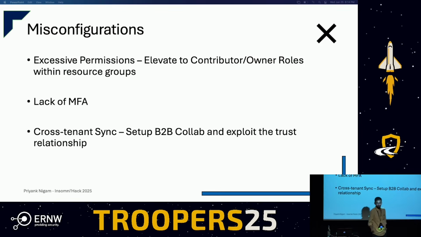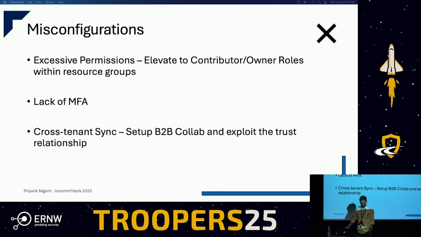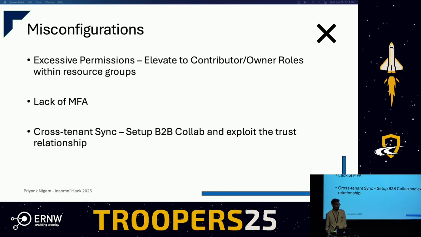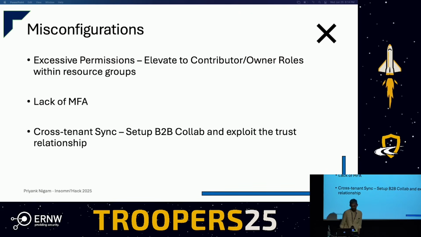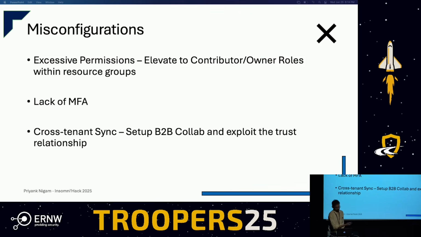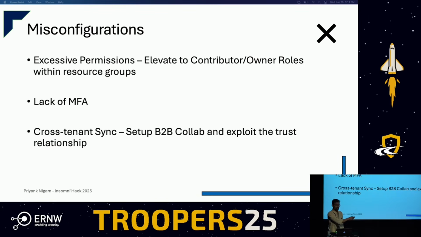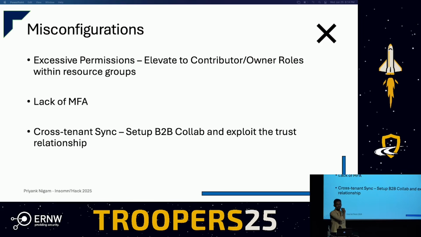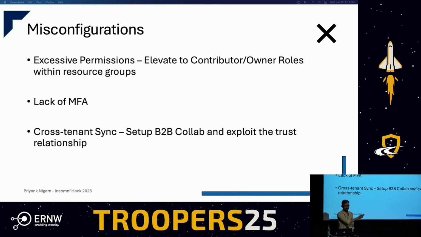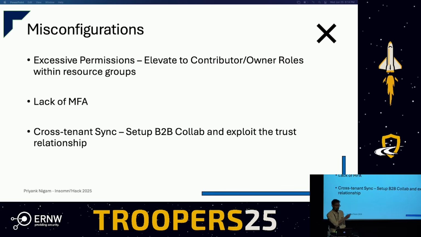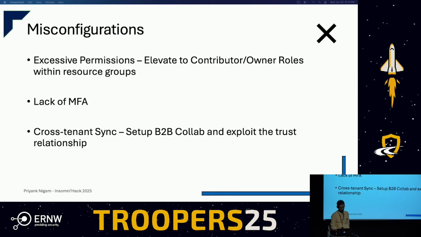Depending on what kind of Privileged Identity Management is already enabled, this may or may not succeed. Obviously, lack of MFA is the easiest target. But that can be bypassed if you already have the tokens, because now you're directly interacting with the API and you don't care about MFA. But if there's a lack of MFA, that's amazing, because now you can actually use the Portal to do stuff.